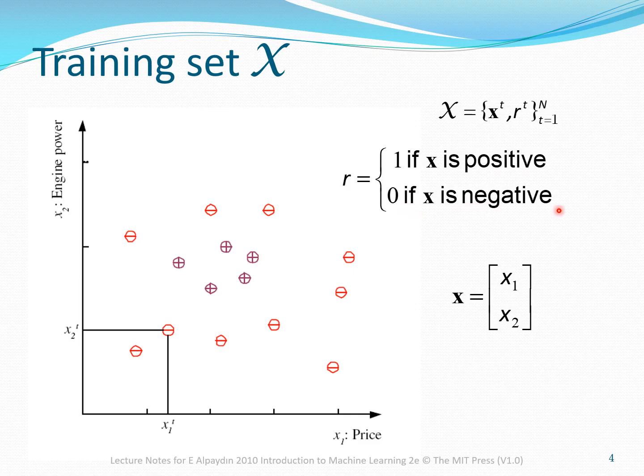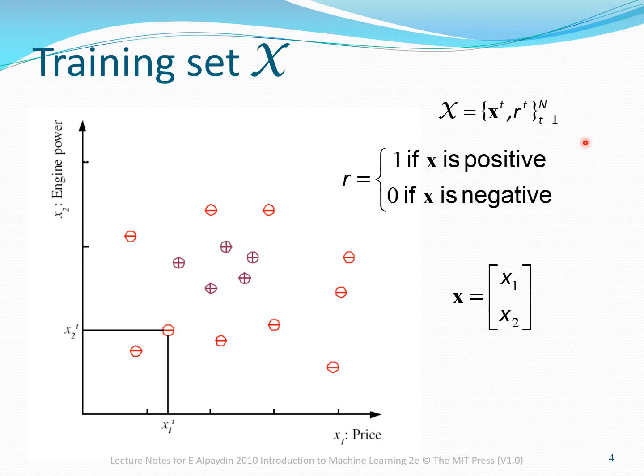Now each car is represented by such an ordered pair (x, r), and the training set contains N such examples, given by X equals {x^t, r^t} for t equals 1 to N, where t indexes different examples in the set. It does not represent time or any such order.